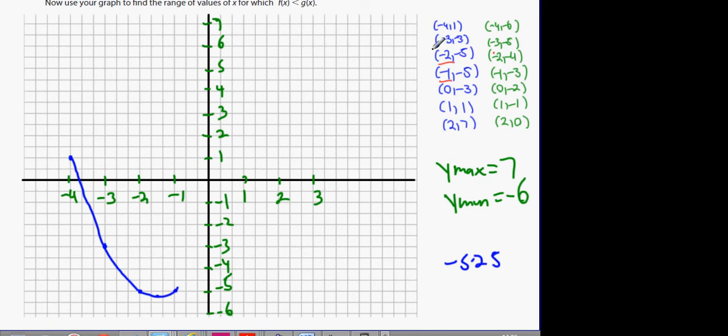Now where's the next point? 0, -3, 1, 1, 2, 7. 2, 7 is located up here. Alright, so now we've got to keep it steady. Okay, if you're to spot an error, that's it there, isn't it?